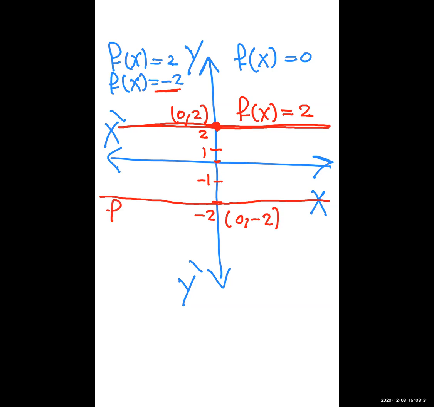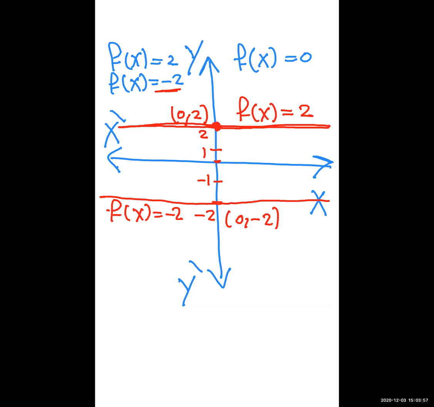So this one is f of x equals -2. Okay, guys, are we clear? So this one straight line is below the x-axis, parallel to it, and passes through 0 and -2. Are we clear till now?